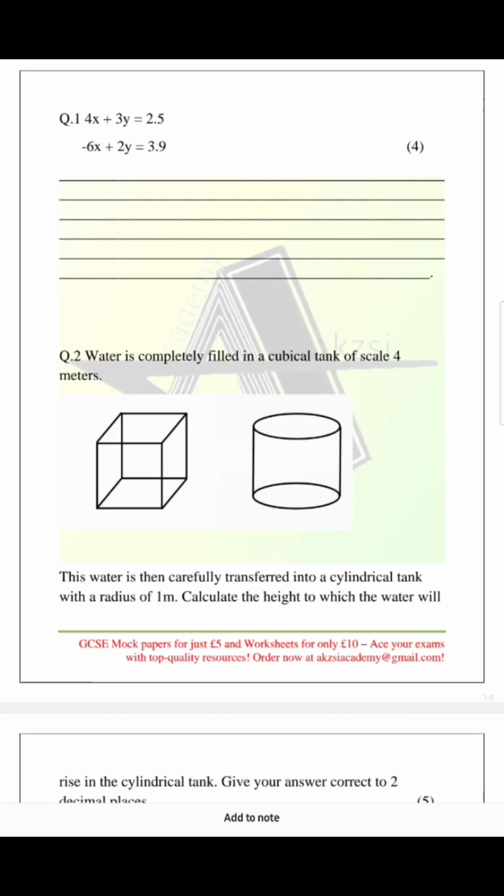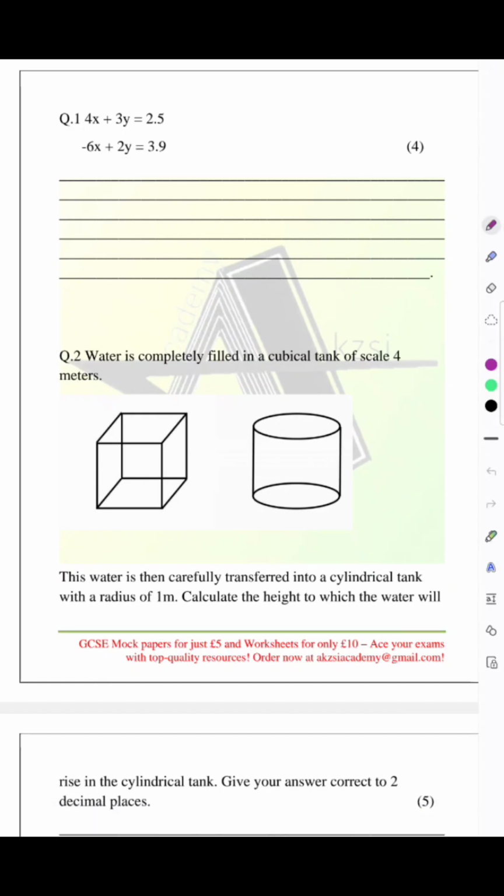Well, the first question is a simultaneous equation question, and we know that we can solve it by elimination method. So here what we have to do, we have to make the coefficient. Coefficient, that means the number written with the variable is called coefficient, and we have to make the coefficient of any one variable same. Either I can select x or I can select y.